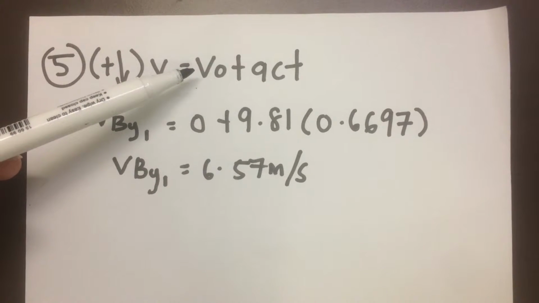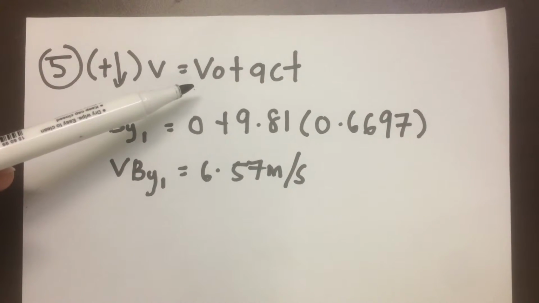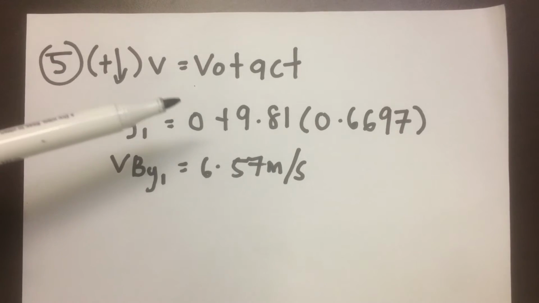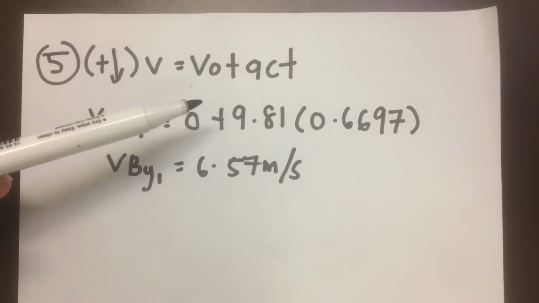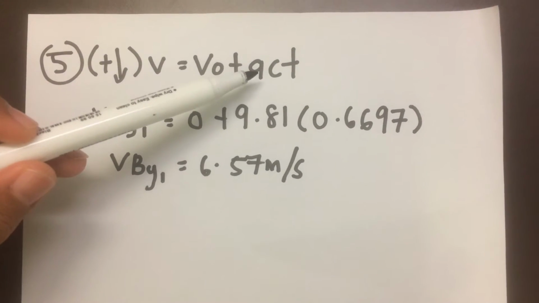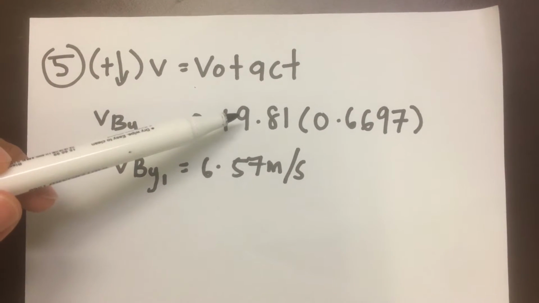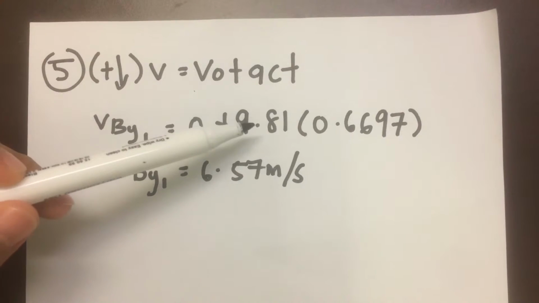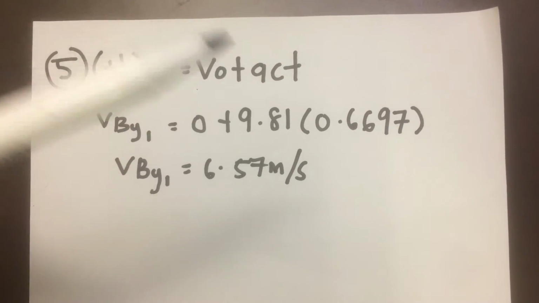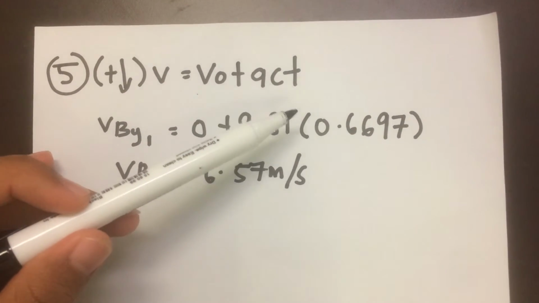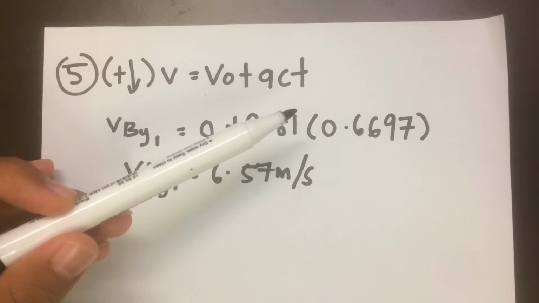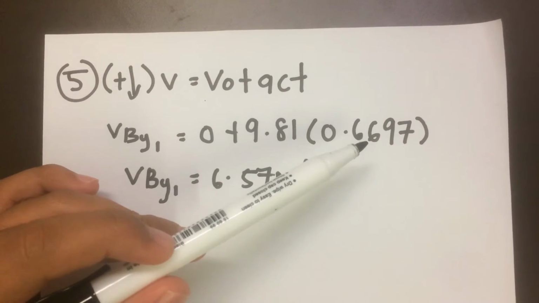So VB initial equals 0 plus the acceleration of gravity, 9.81, multiplied by the time, 0.6697.